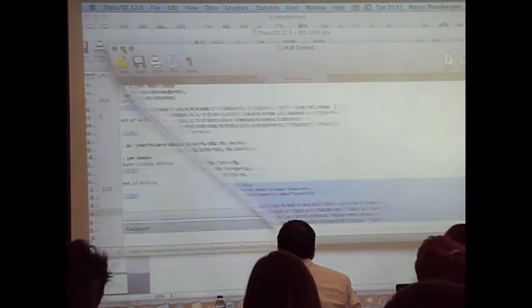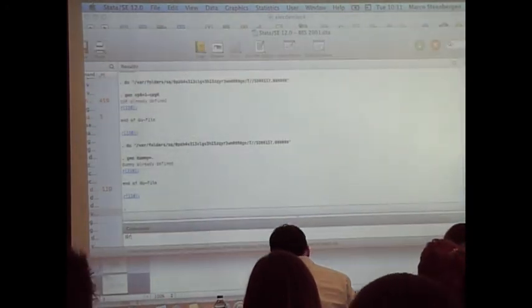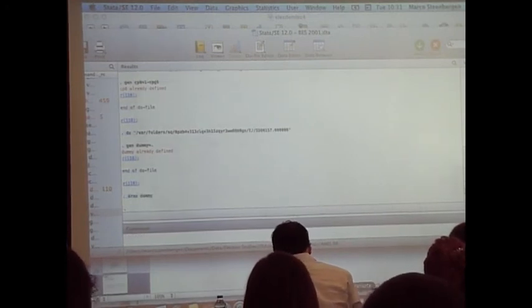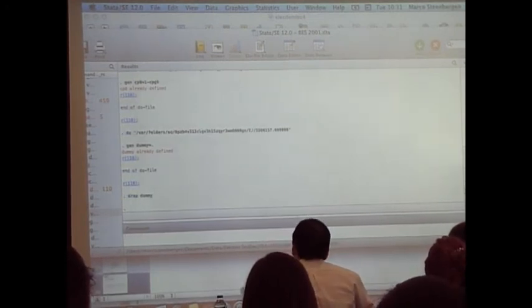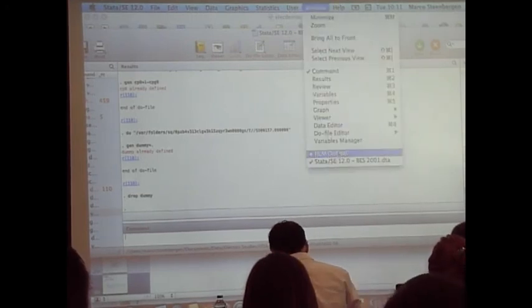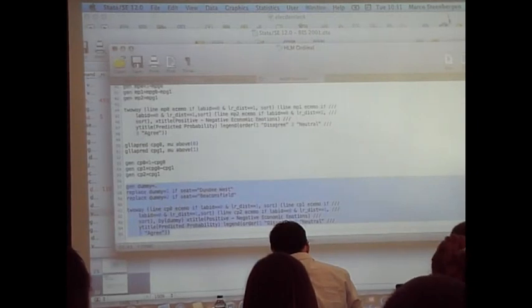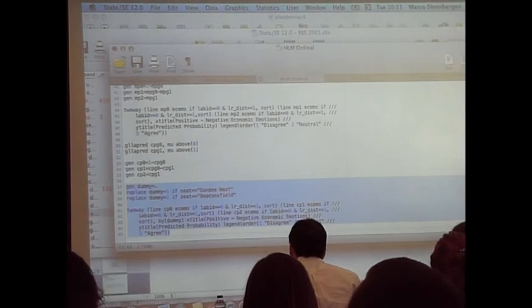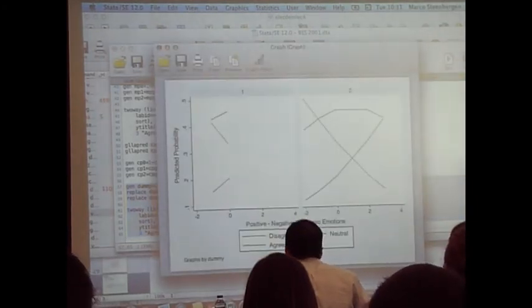Created the dummy apparently. And then here you see the patterns.